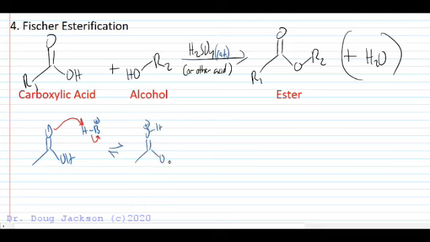Now that we're activated, our nucleophile, the alcohol, can come in and attack, making a tetrahedral intermediate. When we look at the tetrahedral intermediate, the carbonyl becomes an OH. There was already an OH there, and then our nucleophile is a protonated alcohol group.